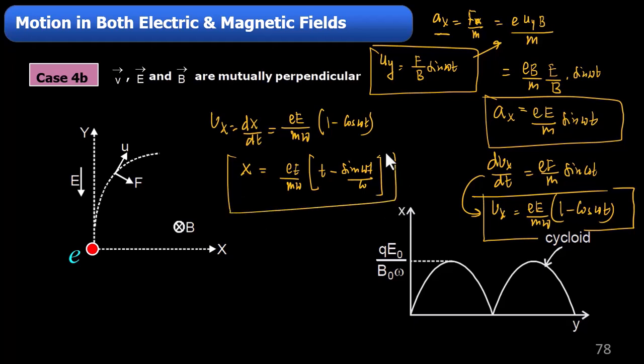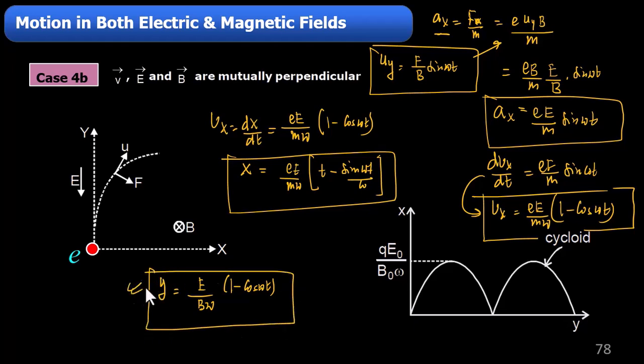This is the x variation, and earlier I got the y variation. y is equal to E by b omega into 1 minus cos omega t. This is the variation of y. This will give the displacement of the particle at any time t.